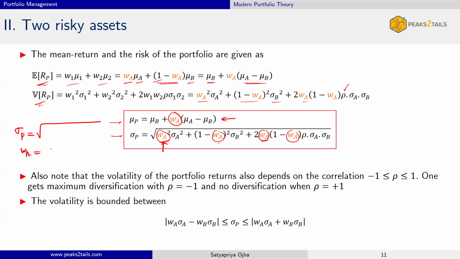WA is mu p minus mu B divided by mu A minus mu B, correct? If you take this expression for WA and put it in the second equation, then you have an equation between sigma p and mu p.